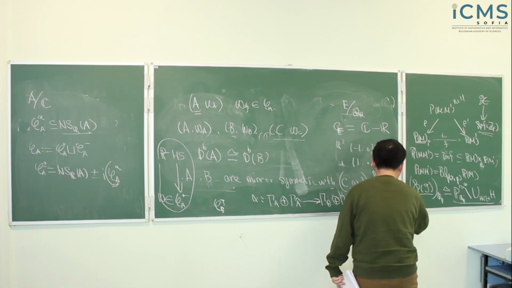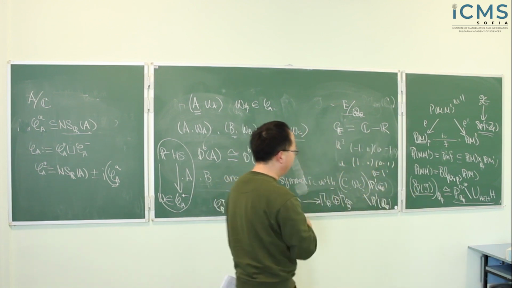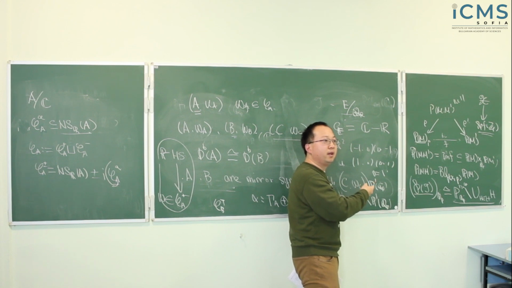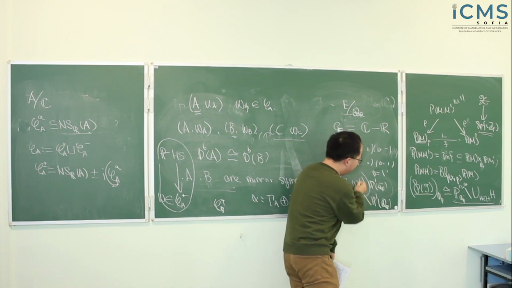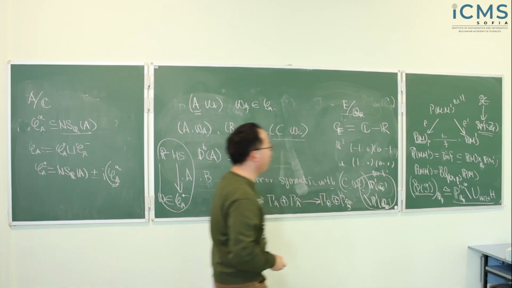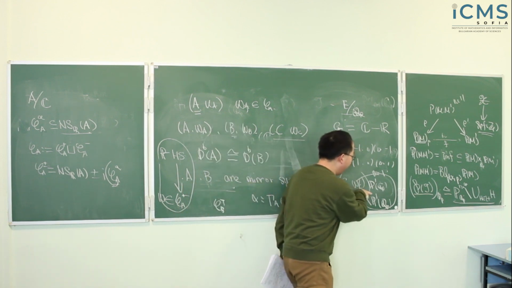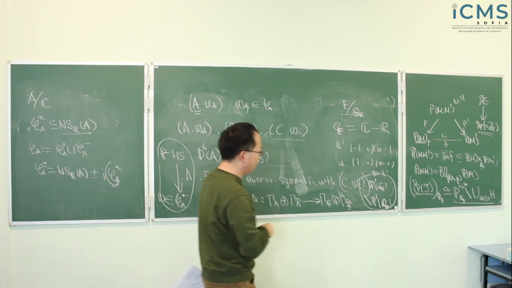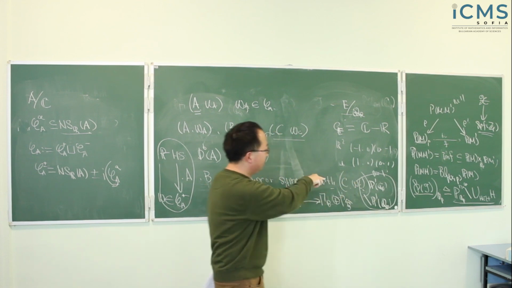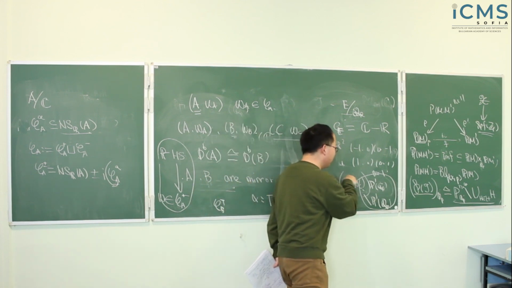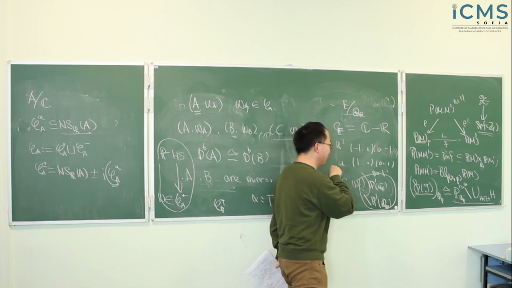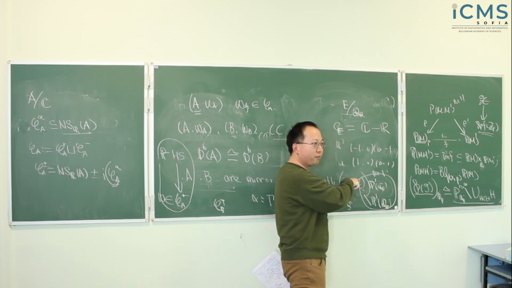This is a natural analog of the classical upper half plane. And the good thing is that in the p-adic world, this is a parameterizing space of isocrystals. That means this is the simplest case of the parameterizing space of p-adic Hodge structures.